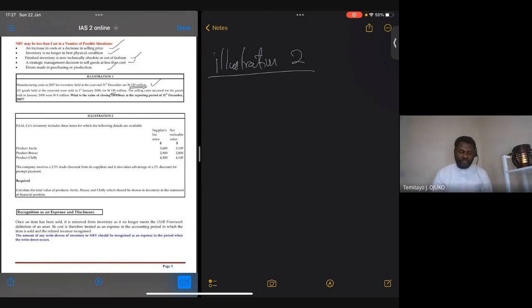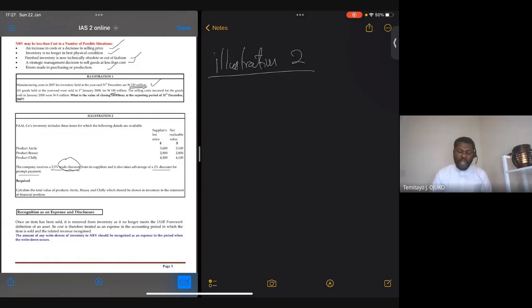So first, looking at the question, there is something I want us to take note of. One, the 2.5% discount and the 2% discount. Now, this is cash discount. This is trade discount. They are two different things.